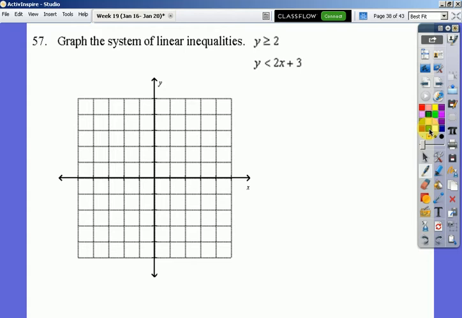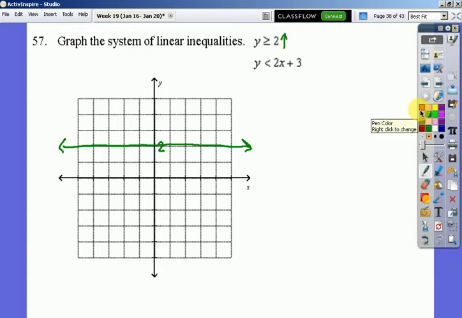Is that horizontal or vertical? Horizontal. So I'm going to find 2 here, and I'm just going to draw a solid horizontal line. And looking at how I taught this initially, I'll save my shading for later so that it doesn't get all confusing. So, is this going to be above or below when I shade? It's going to be above. I'm just going to note that here.